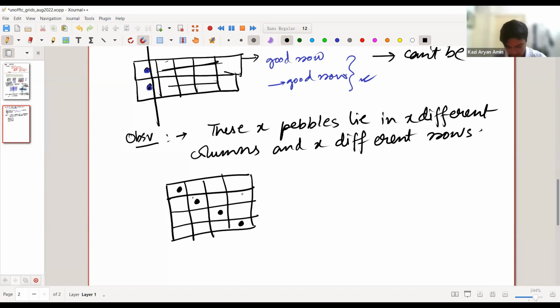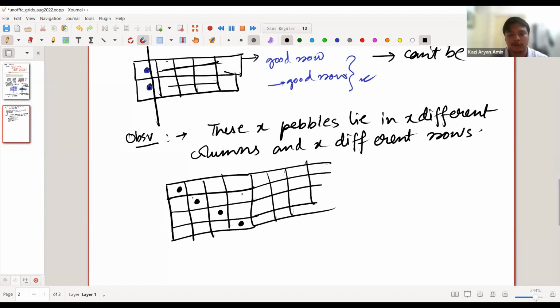Any more ideas? So these rows are completely empty and the columns are this way.